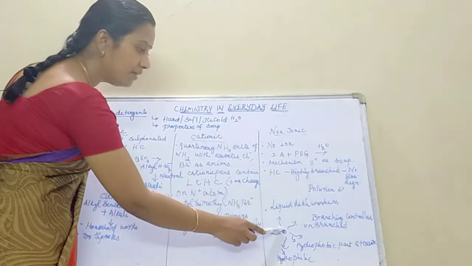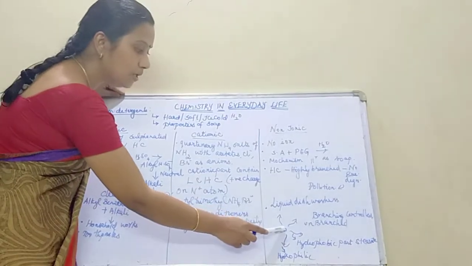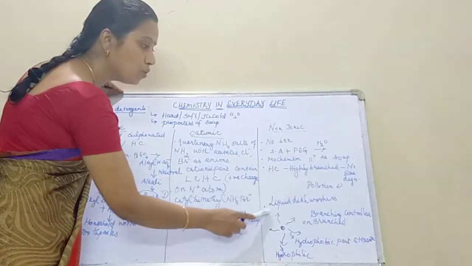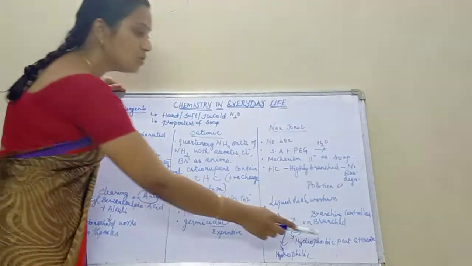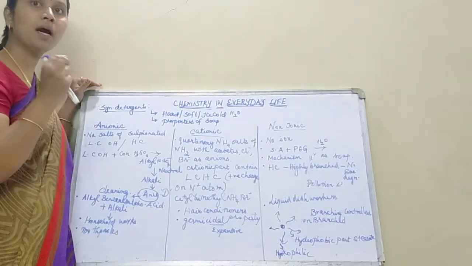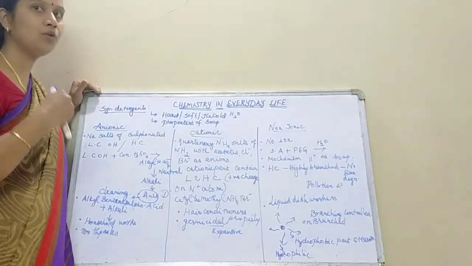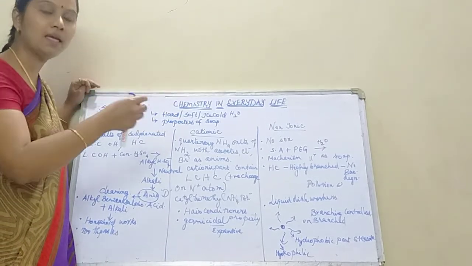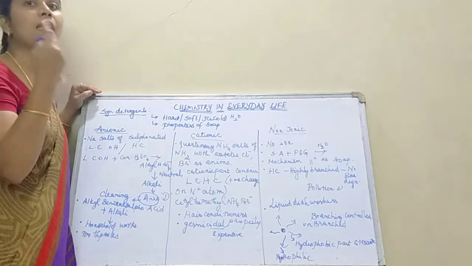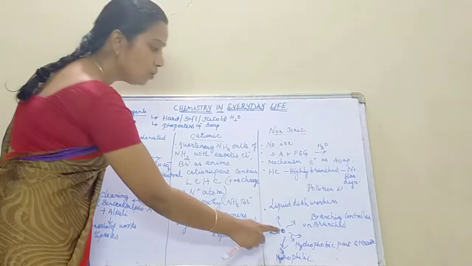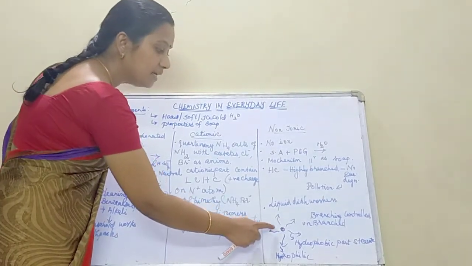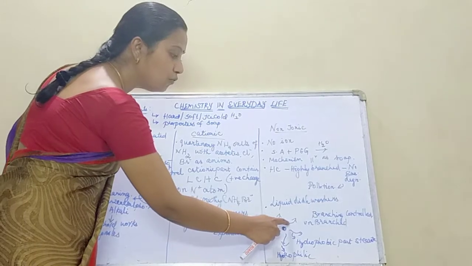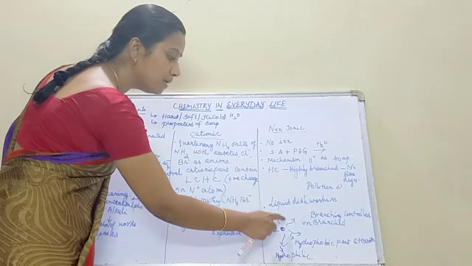See, here I have an oil droplet. This oil droplet is attacked by sodium stearate. Your stearate has got two portions, hydrophobic portion and hydrophilic portion. Hydrophobic, water repelling. Hydrophilic, water loving. So this oil droplet is attacked by the hydrophobic part of the sodium stearate.